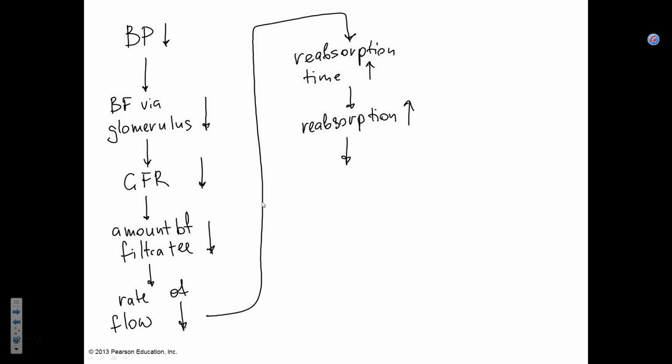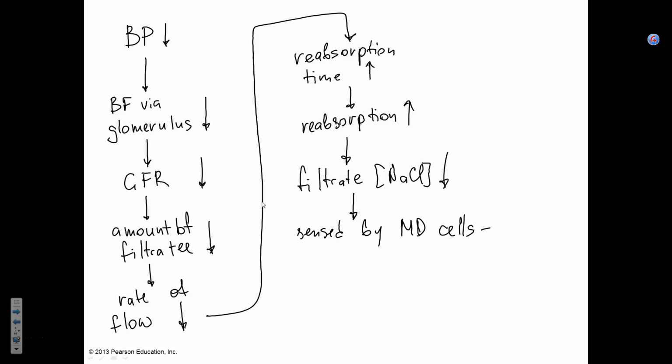As reabsorption increases, filtrate concentration of sodium chloride, the square brackets mean concentration, decreases, and then you've got, sensed by macula densa cells to the granular cells.